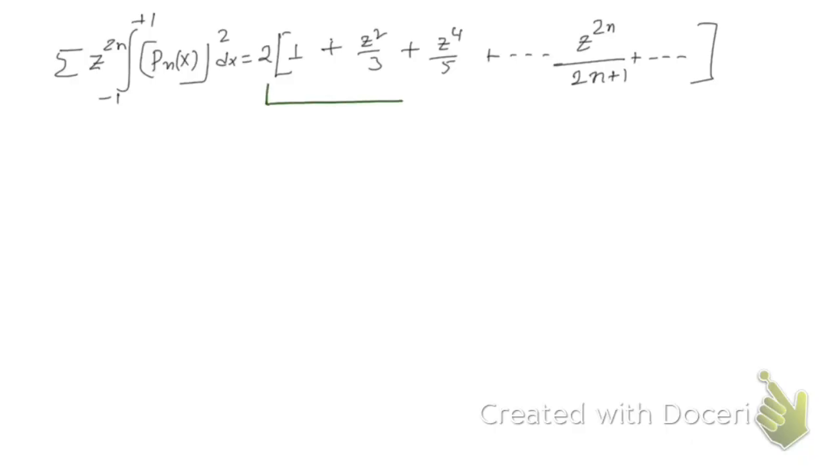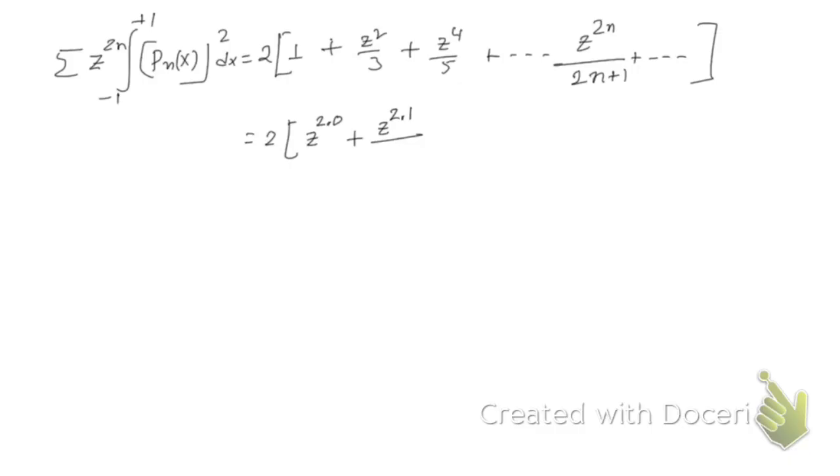This part you can see. So here this 2z square can be written as z to the power. Just let me write one more step that will make things more clear. So here 1 can be written as z to the power 2 into 0, plus z square can be written as z to the power 2 into 1 by 3.